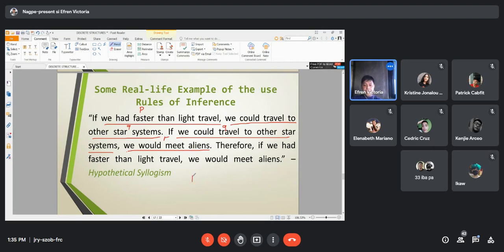So P. So we use if then. So P implies Q. Then yung second premise natin is if ulit.